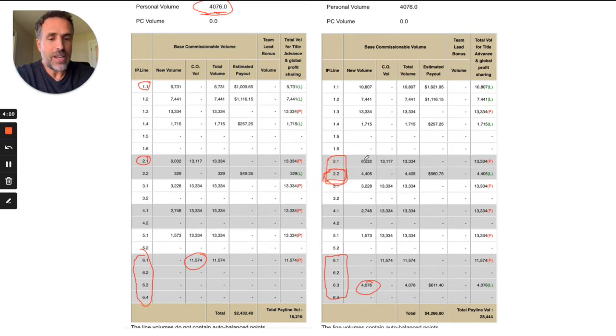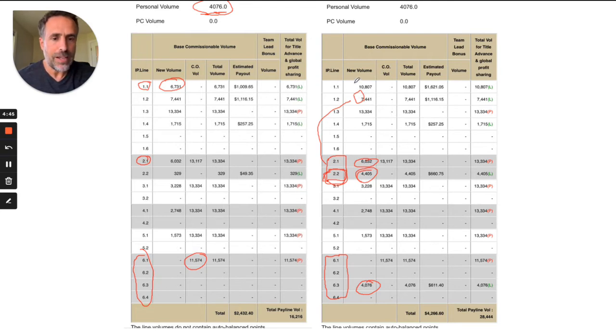What happened is I already had 6,000 points here in my 2.1, so line 1. Line 2, I had nothing. So that volume rolled up right here in position 2.2, which rolled up in position 1.1, which was this volume, and they added the 4,076 points.